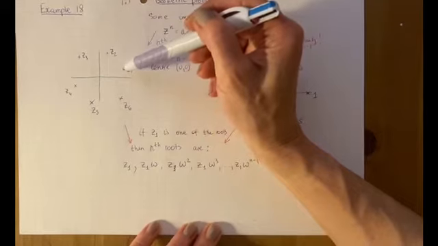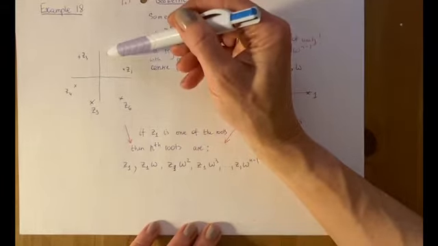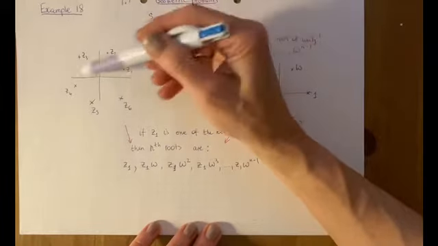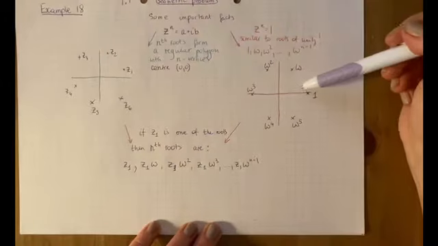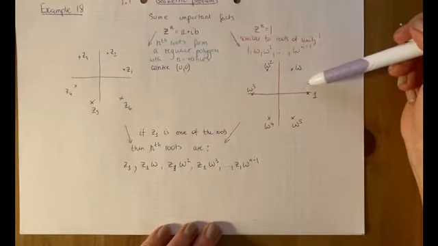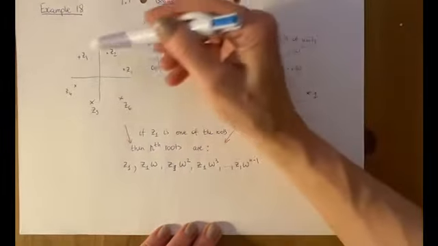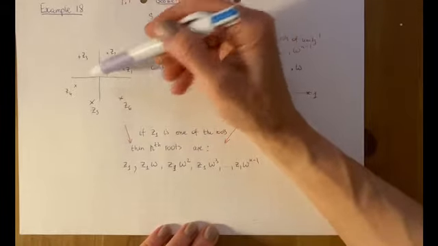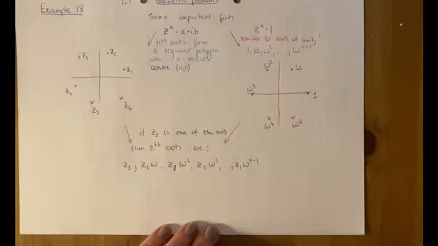So you start from the first root, and then the next root is the same amount of turn as you would have had in the roots of unity. So here, if you've got a hexagon, every 60 degrees you'll find the next root.